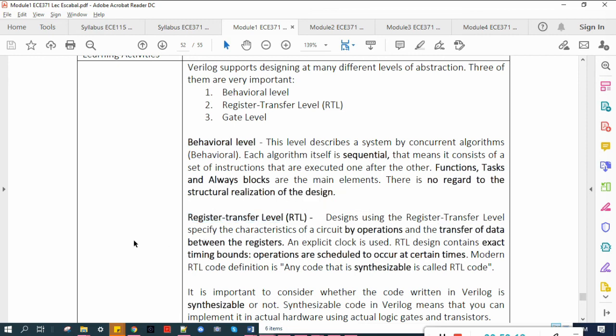So they design in these two levels of abstraction.